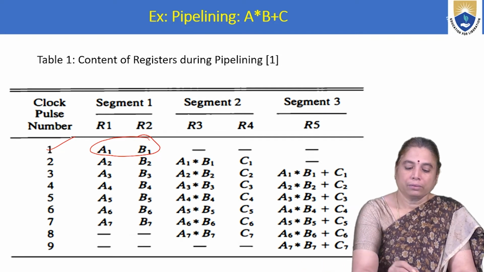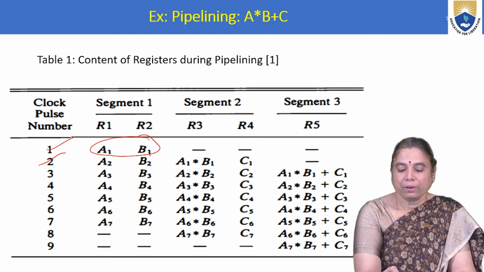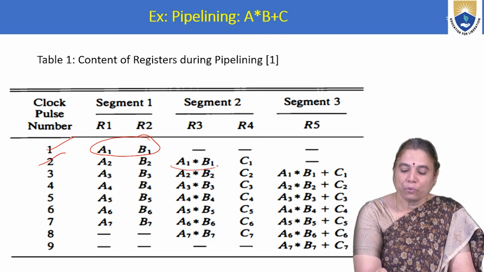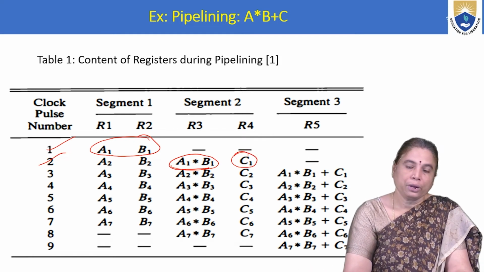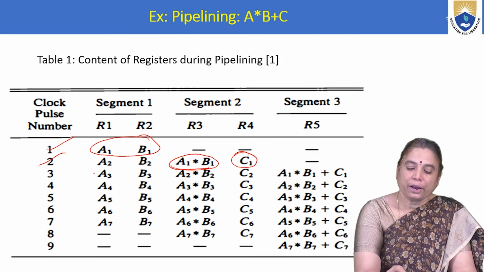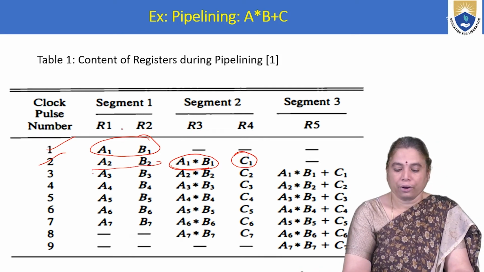In the second clock cycle, the first number A1, B1 values can be moved to the multiplier and the third value can be input to R4. At the same time, A2, B2 values can be loaded to registers R1 and R2.